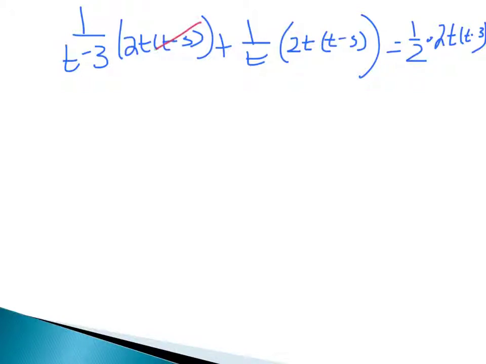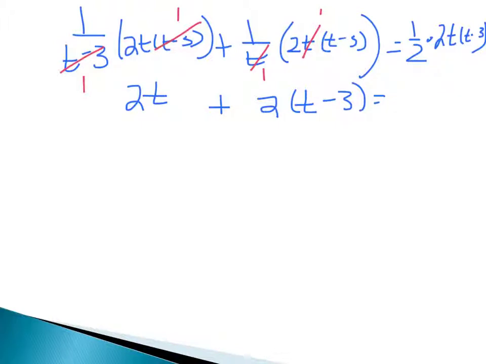For the first term, we divide out that t minus 3 to get 1 times 2t all over 1, because when these divide out, you get a 1. For the next term, the t divides out, so we just get the numerator, 2 times t minus 3. On the right-hand side, the 2 divides out, giving us t times t minus 3. Let's go ahead and distribute across all of those.